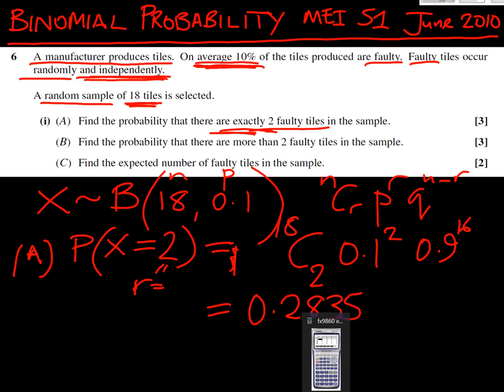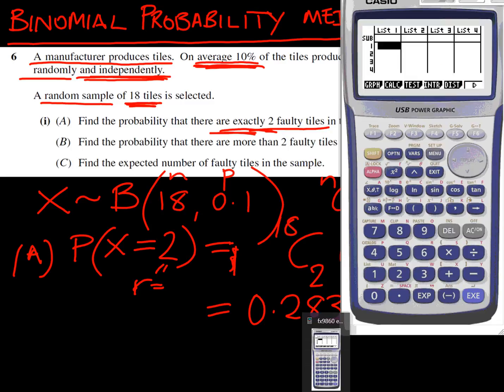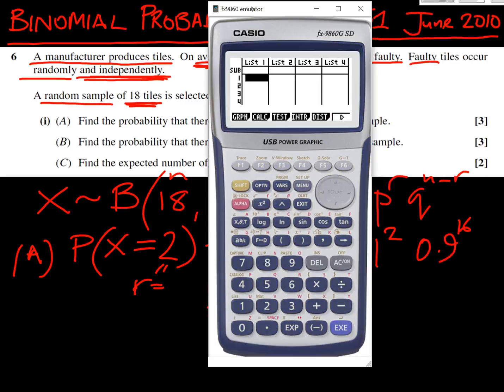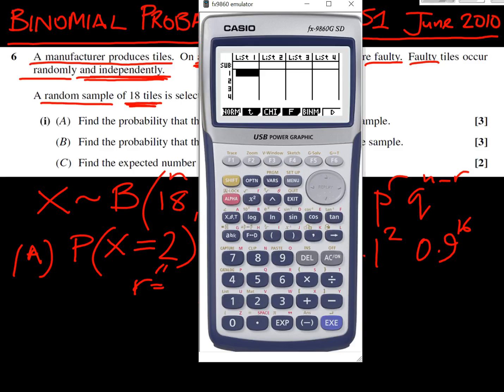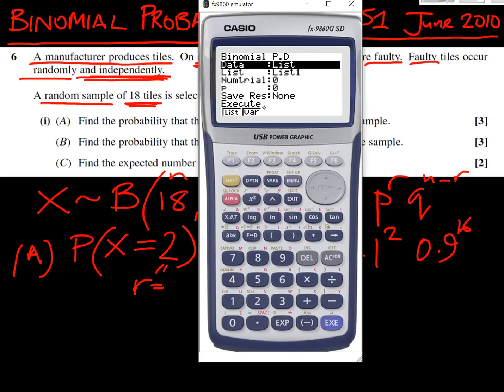So have a quick look at our calculator method of using the binomials. Let's put that on the screen then. Okay, here we go. We're going to choose our distribution. It's the binomial distribution. We're interested in BPD because we're interested in a single point, because it said X equals. I just need to set my data here to being variable.